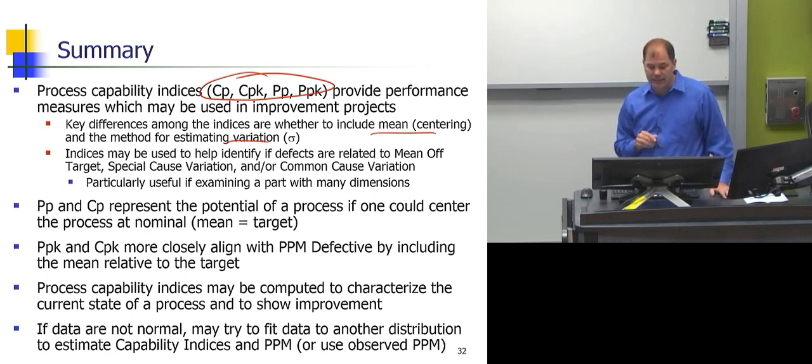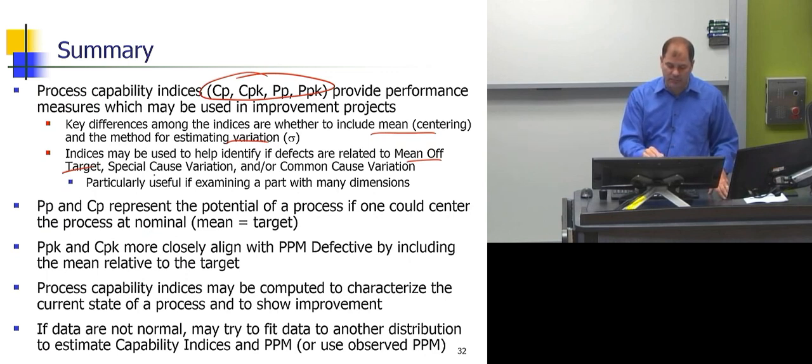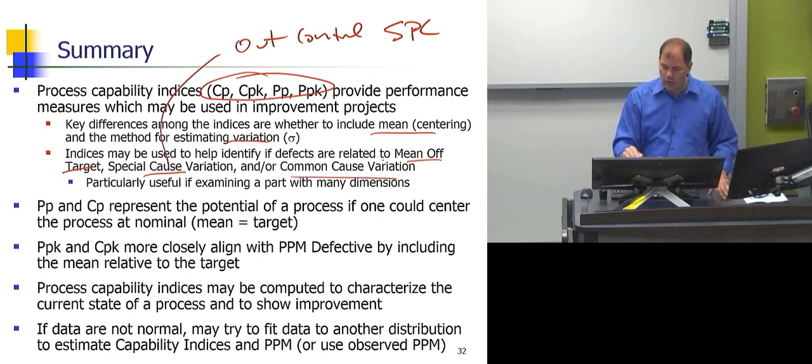I would expect you to look at these from a diagnostic standpoint and help identify mean off target, special causes, which would be out of control on an SPC, or high sigma within. High sigma within would be a fail CP.